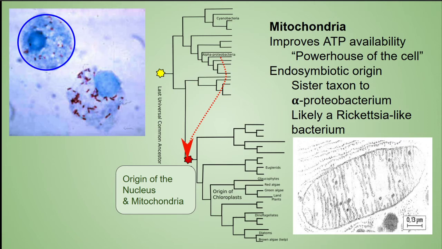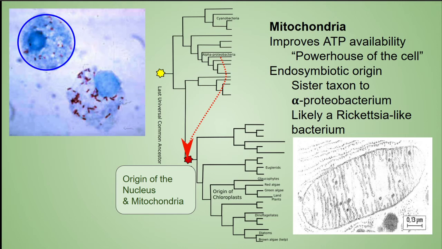For mitochondria, it looks like there was another cell, likely an alpha proteobacterial cell, that began living in association with early eukaryotic cells. This alpha proteobacterium was engulfed into the eukaryotic cell. I've got a couple of cells up here on the left to show you how that might be pictured.